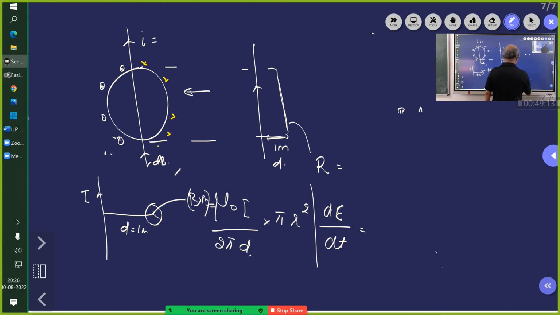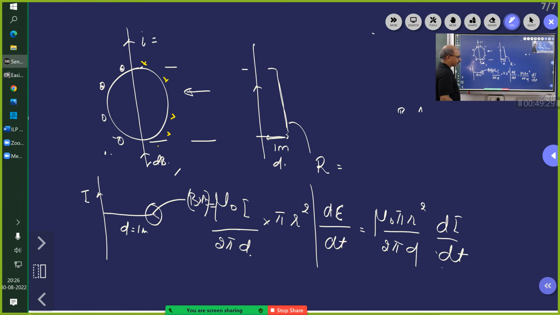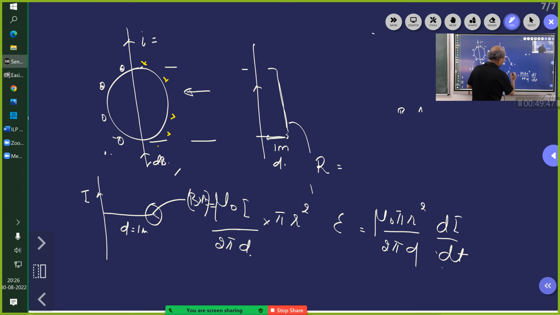Here mu naught is constant, pi r square is also constant, and 2 pi D is also constant. The only thing that varies is dI by dt. So I got the potential induced in the coil.